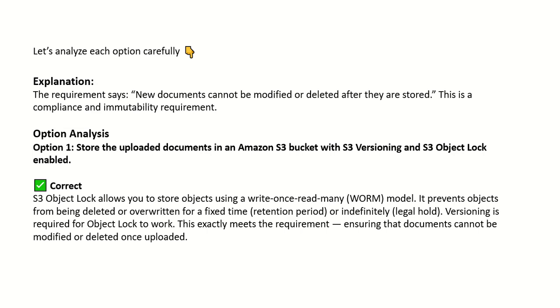And obviously versioning should be enabled for Object Lock to work. Without versioning we cannot implement Object Lock. Okay, and you can see this exactly meets the requirement, ensuring the documents cannot be modified or deleted once uploaded. So this option 1 is the correct one.